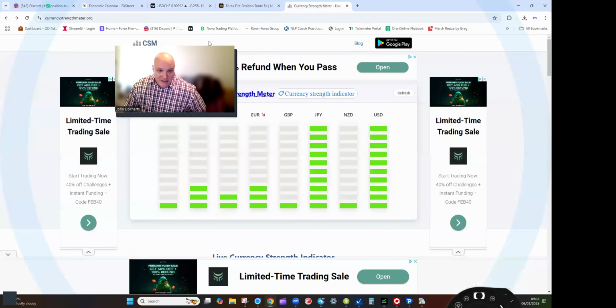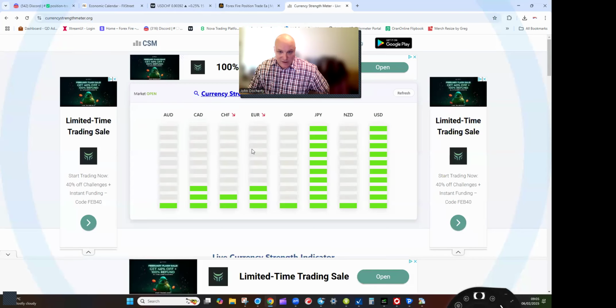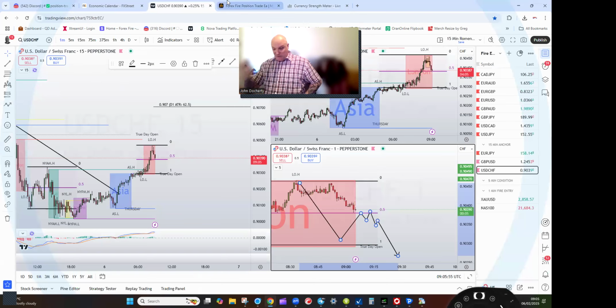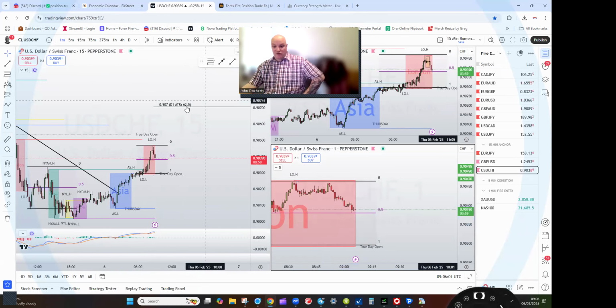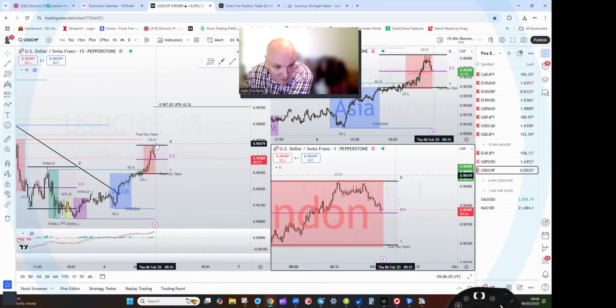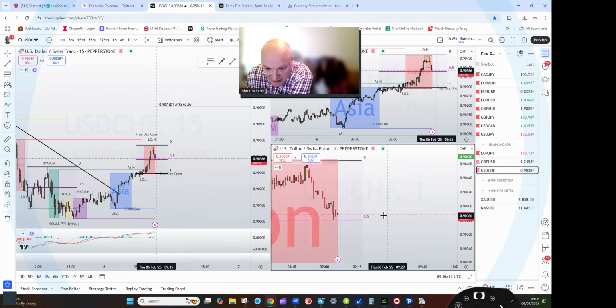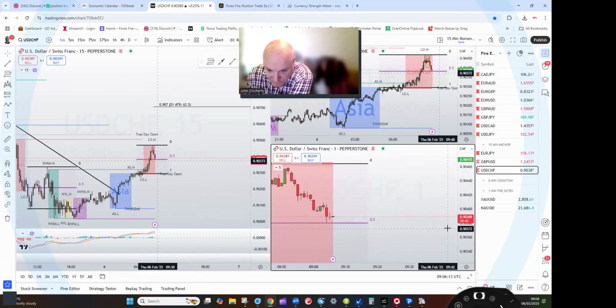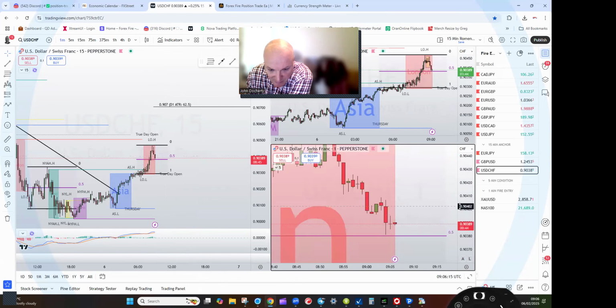But what I'm saying is, hopefully you can understand this, because that USD is so strong and the Swiss franc is so weak, we could possibly flip this on its head, in fairness, and look for that continuation drive. So for that to happen, we would obviously wait for the push back into 50% and then wait for a bullish candle after there's been a bearish.